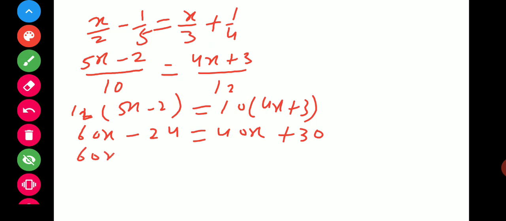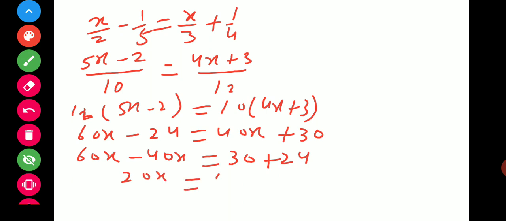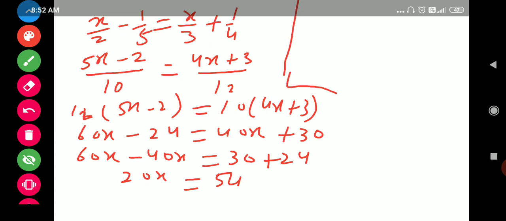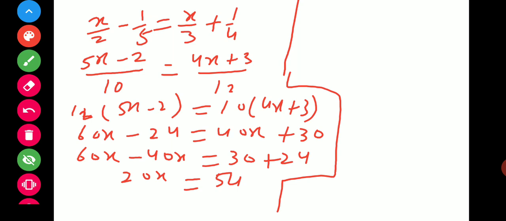It is 60 of x minus 40 of x is equal to 30 plus 24. It becomes 60 minus 40, that is 20 of x, and here is 54. So x will be equal to 54 divided by 20.